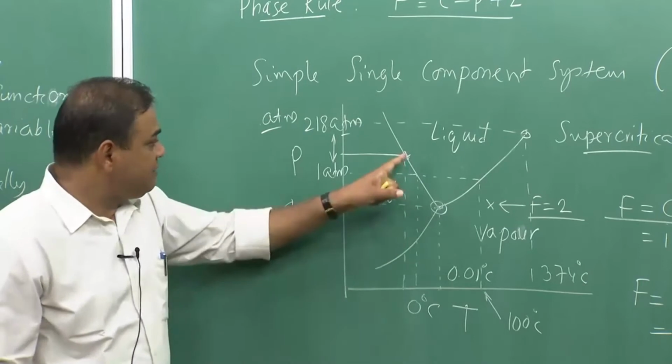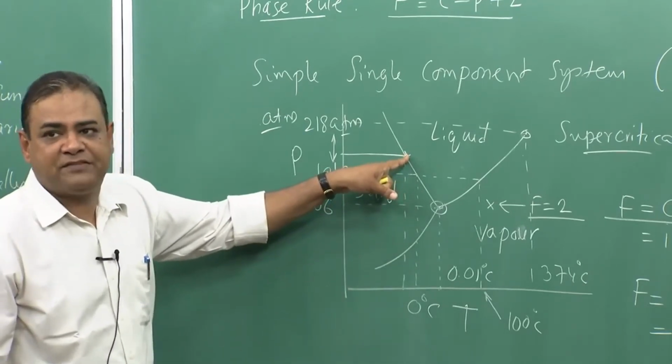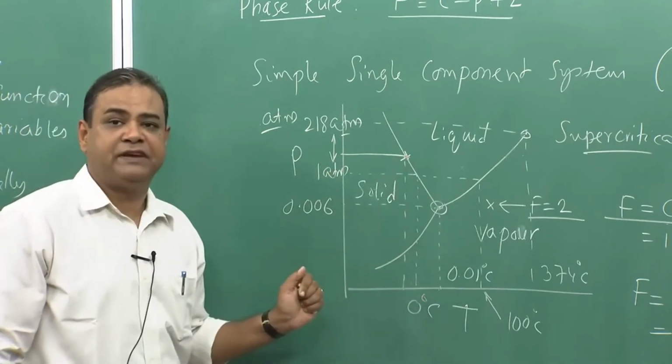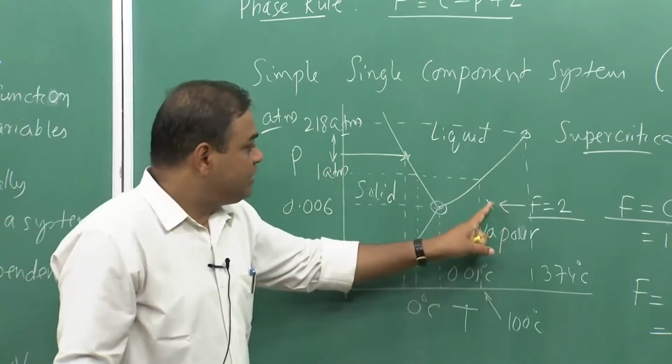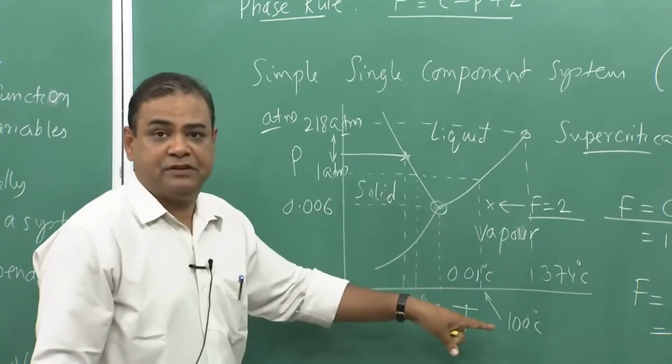So, here the situation was like this. If I fix the pressure, the temperature is automatically getting fixed. But here, in order to stay at this point, we need to fix both the pressure and temperature.